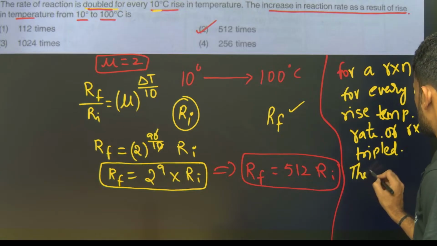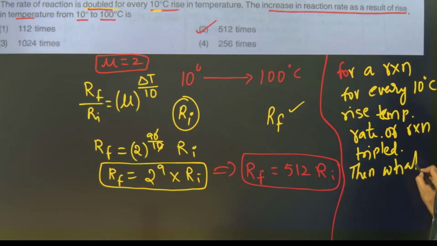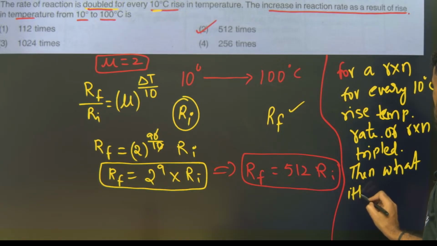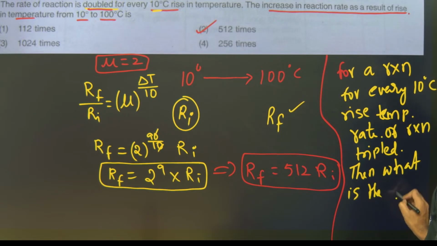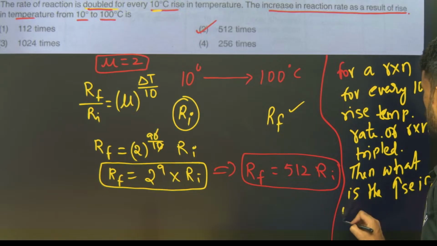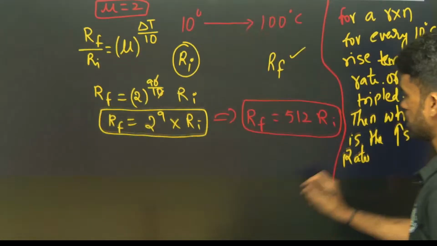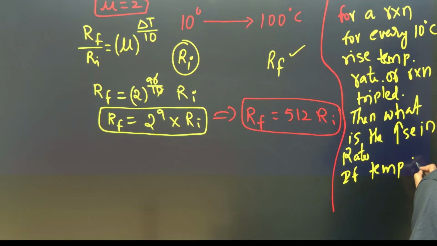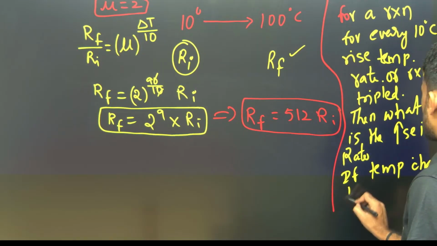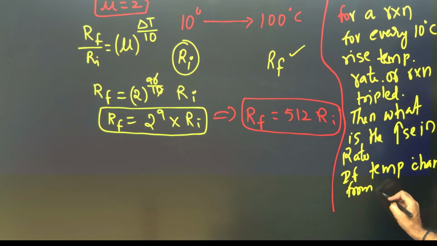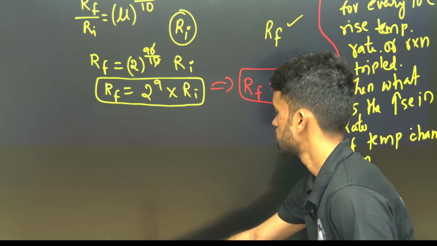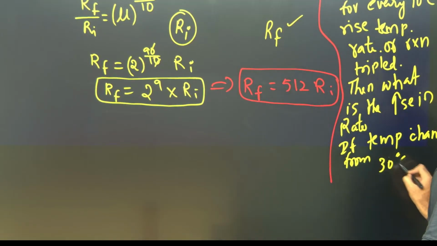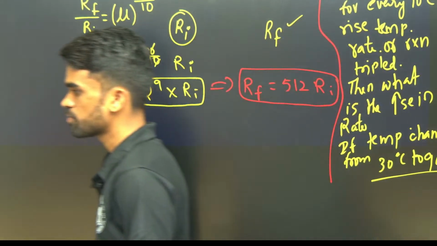Then what is the increase in rate if the temperature changes from 30 degrees Celsius to 90 degrees Celsius? So how do you do this?